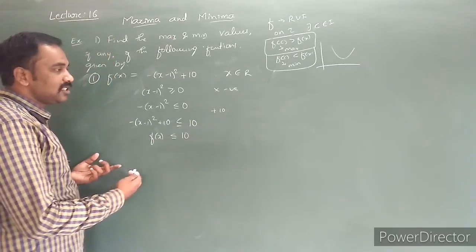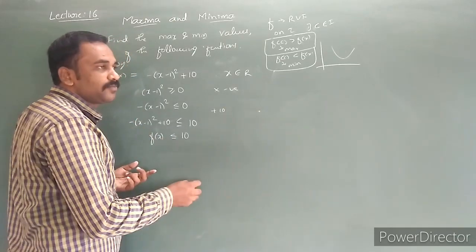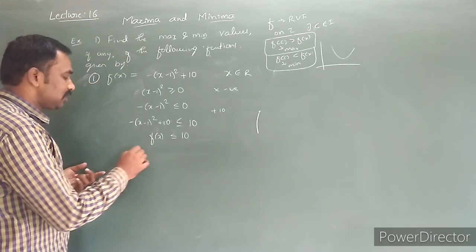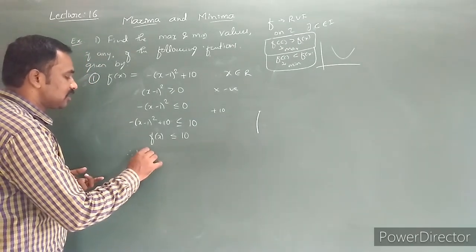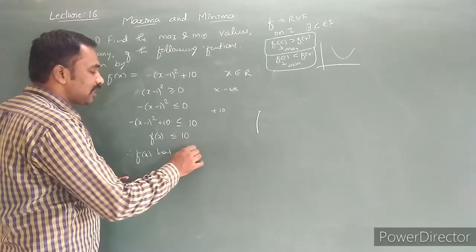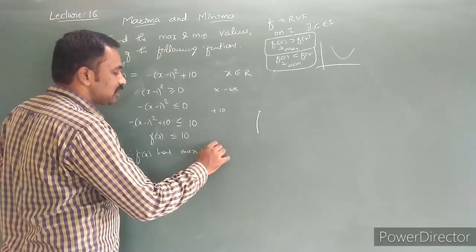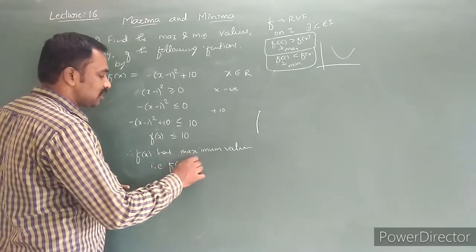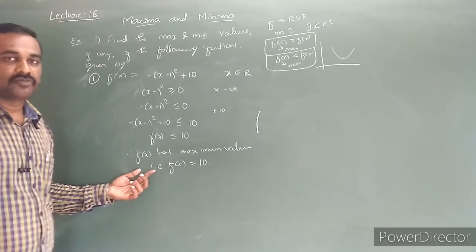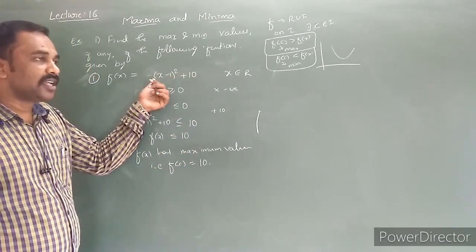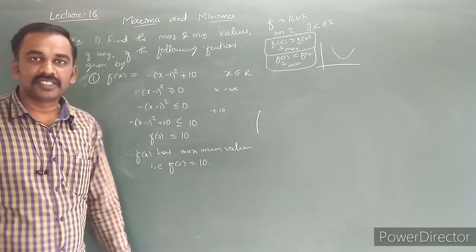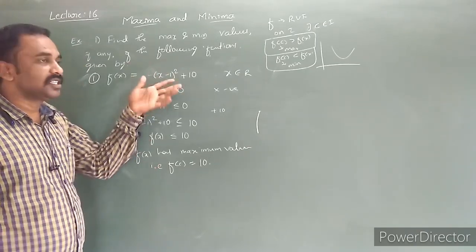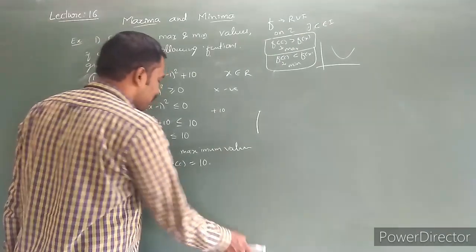So the maximum value is 10. The function takes a maximum of 10 or less, which means we can say that f of x has a maximum value, that is f of c is equal to 10. 10 is the required maximum value of the given function minus (x minus 1) whole square plus 10. Are you clear? Very simple. First of all, we have to look at the function. Next, in the same manner, the next one.